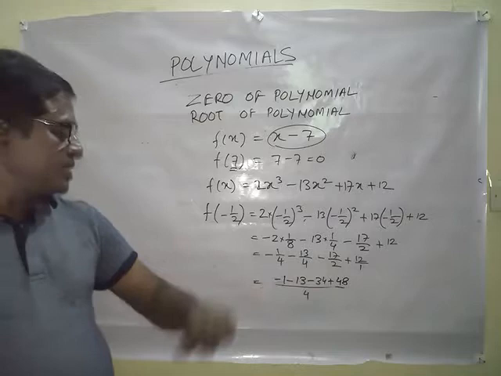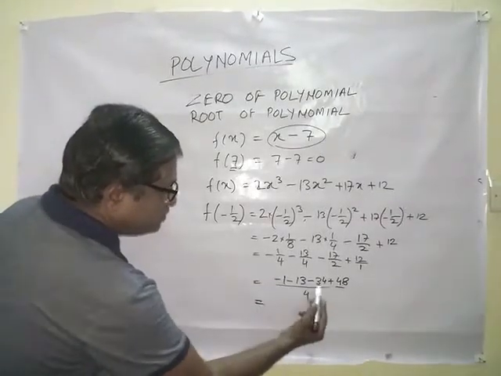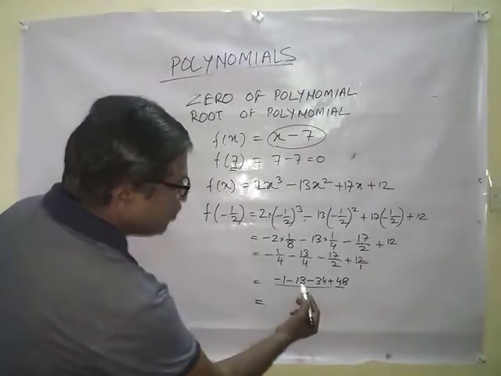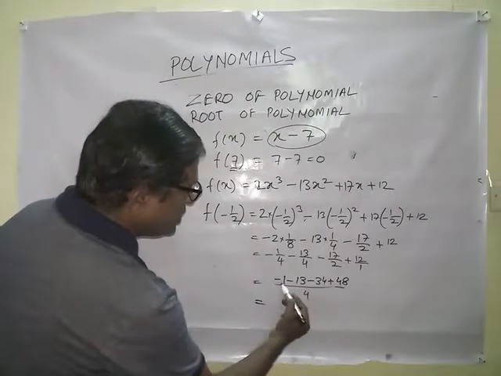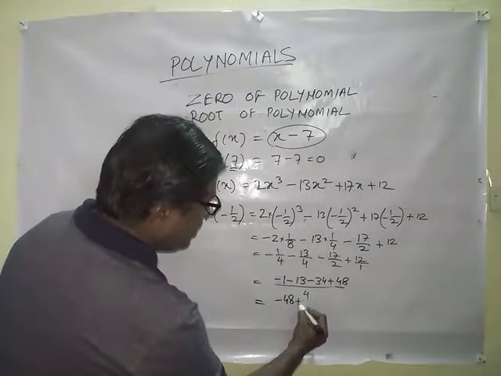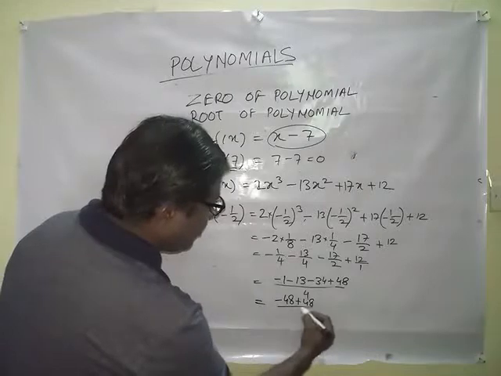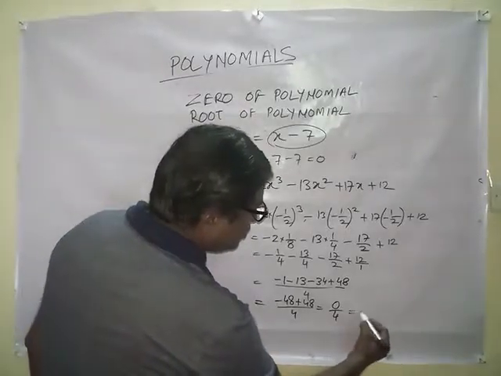These three are minus. So 34, 37 plus 10, 47 plus 1, 48, minus 48 plus 48 upon 4. So it is 0 upon 4, which is equal to 0.